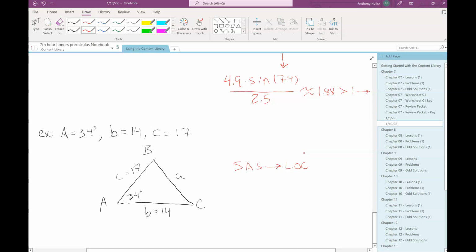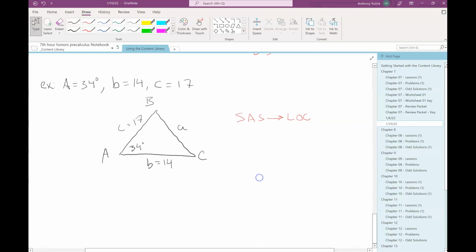So using the law of cosines, the only piece of this triangle that we have enough information to solve for right now is the missing side length. So we'll set that up, solving for side A. A squared is equal to B squared plus C squared minus 2BC cosine of angle A.